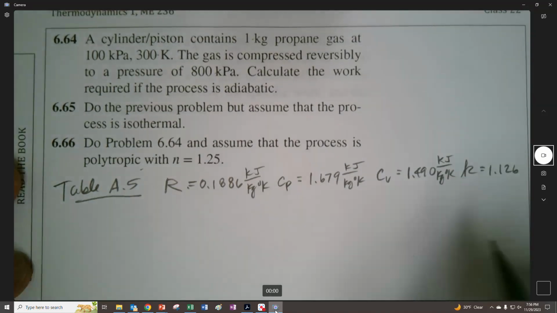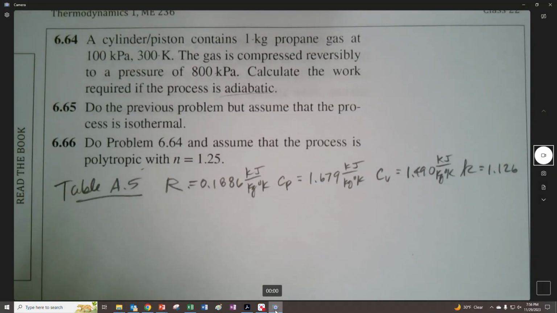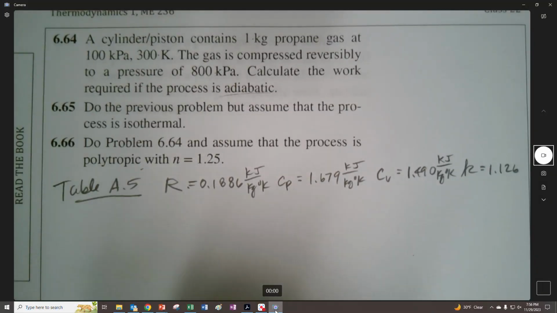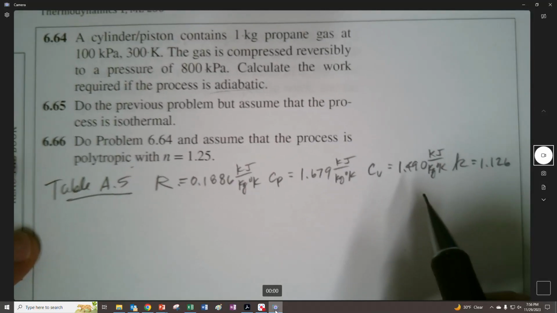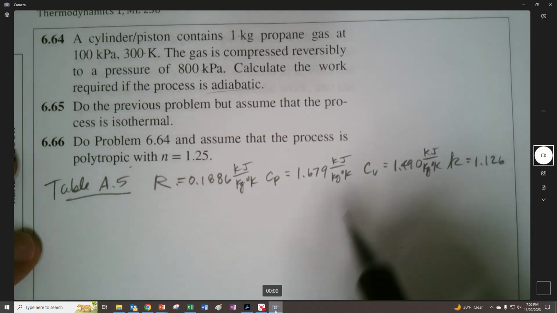And they say it's adiabatic. The question is, is it isentropic? I know it's possible to have something that's adiabatic that's not isentropic, but it ain't very often.